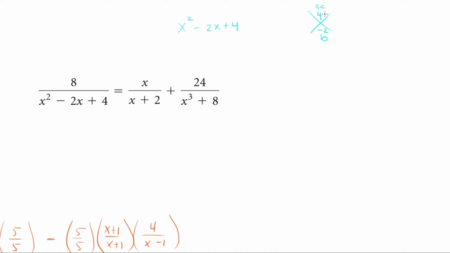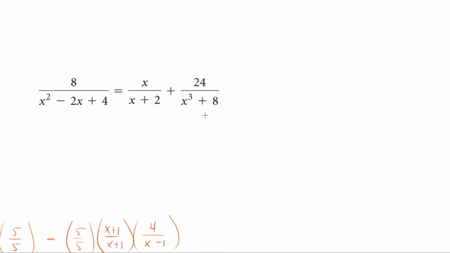Well, let's see. 2 and 4, 4 and 1, no. 2 and 2, no. Seems like there's none. Okay, so let's erase that one. That one does not factorize into integers.